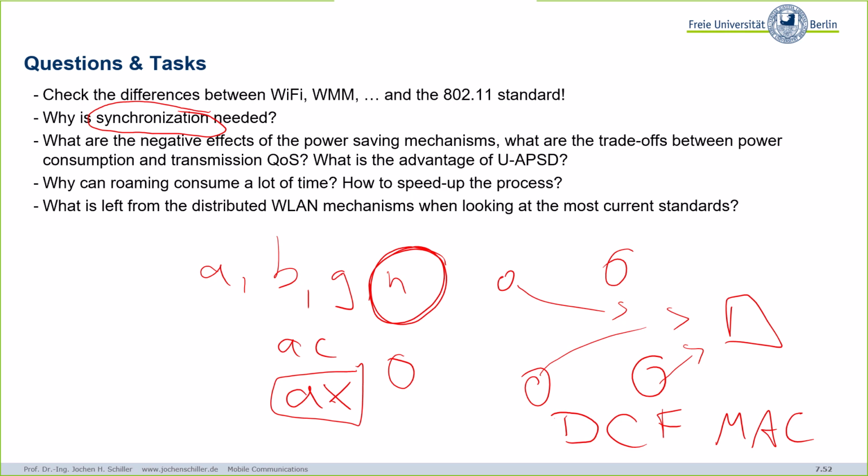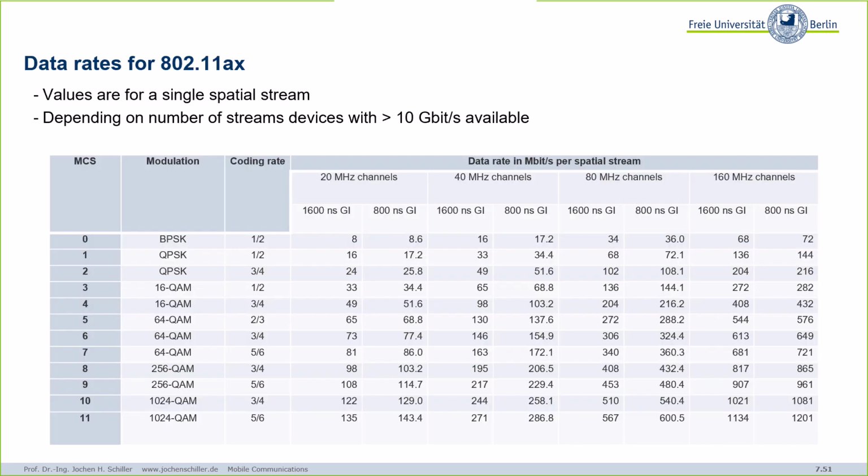Is it realistic to use these extreme modulation schemes? 1024. Not really. So yes, if you think of, okay, you have your access point in your living room and you have a line of sight to your many devices like a TV set, like a gaming console, like whatever you have there.